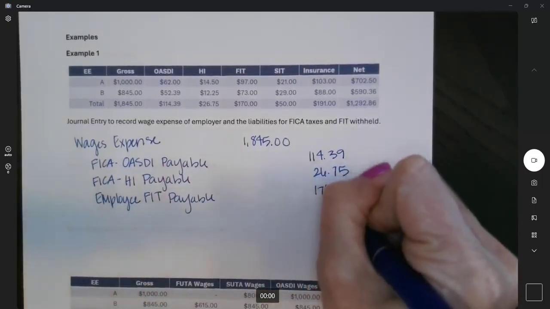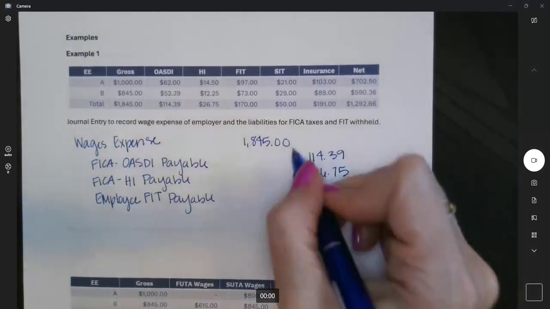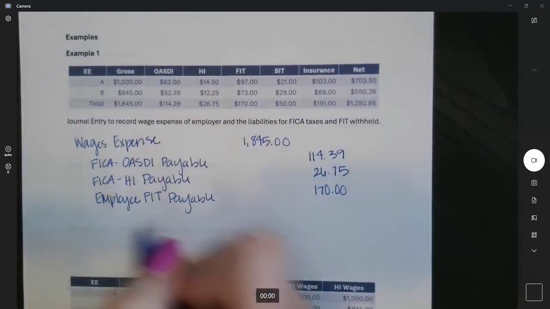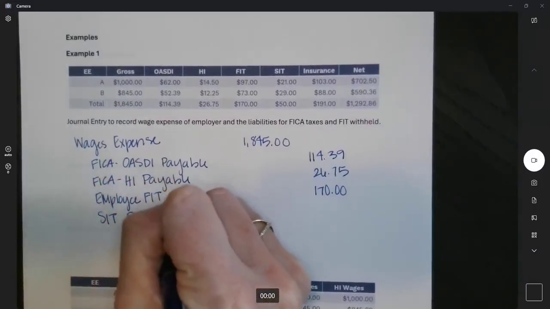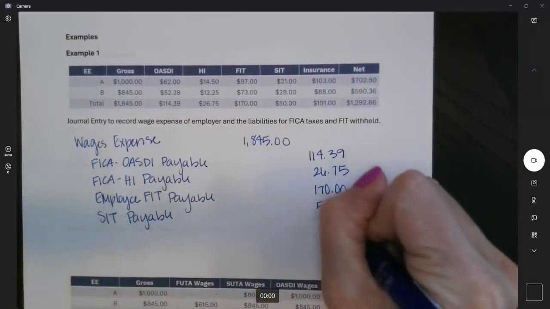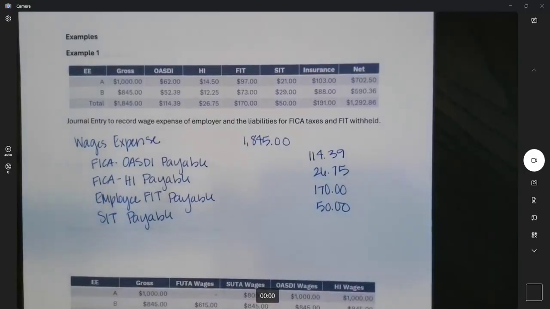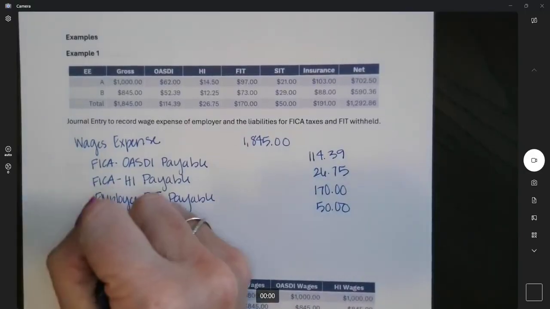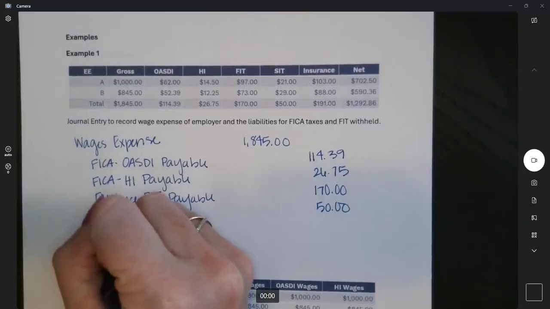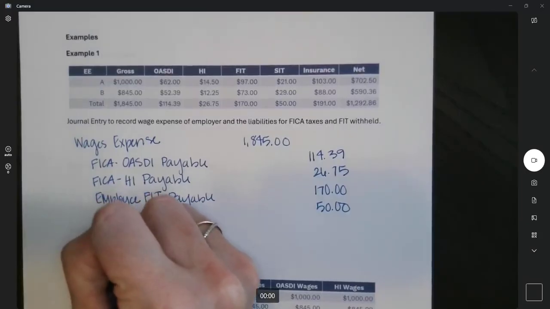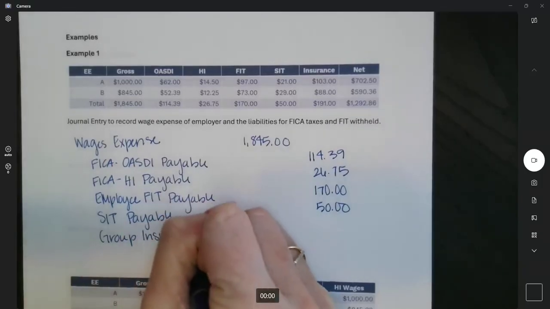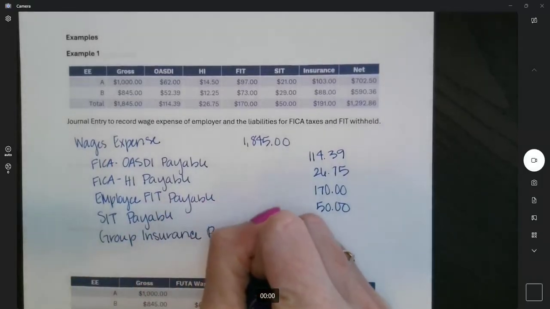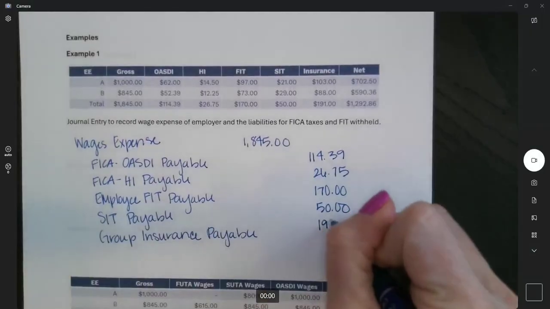We have employee federal income tax payable. That's $170. We have regular state income tax payable, which is $50. And then we have group insurance payments that are being withheld. So I'm just going to put group insurance, $191.